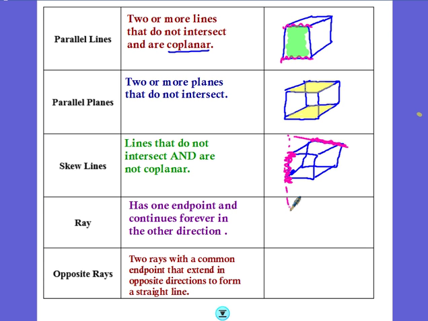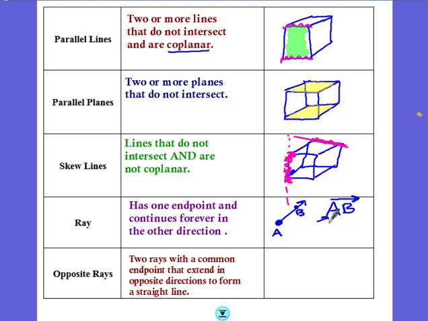A ray. A ray has one endpoint and continues forever in the other direction. An example of what this looks like is it has an endpoint, A, and it goes in some direction, let's call it B. How you write that is like this. So it's not a line, it's a ray because it only has one arrow.